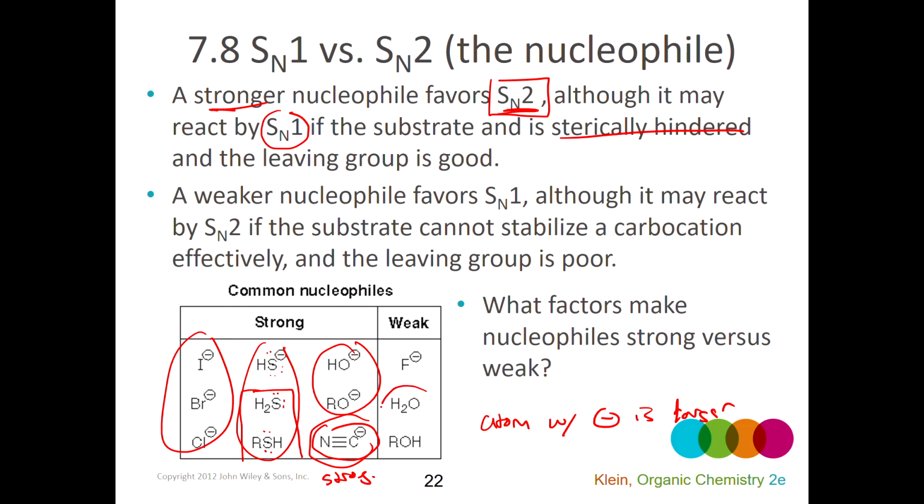The neutral oxygens are nucleophiles, but they're much weaker, and at least in protic solvents, which we'll talk more about in a minute, a fluoride is not a very good nucleophile because it's so small and its negative charge is so concentrated. It really attracts strongly the partial positives of the solvent, especially in a solvent like water.